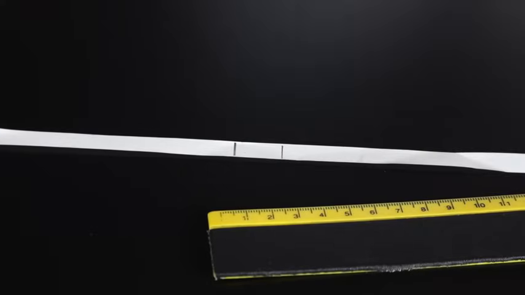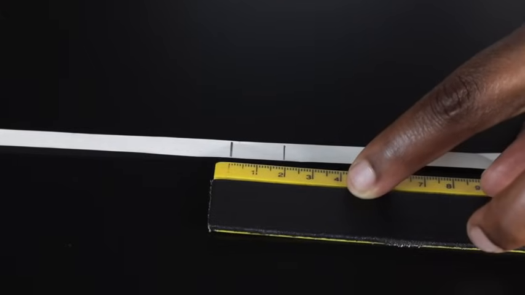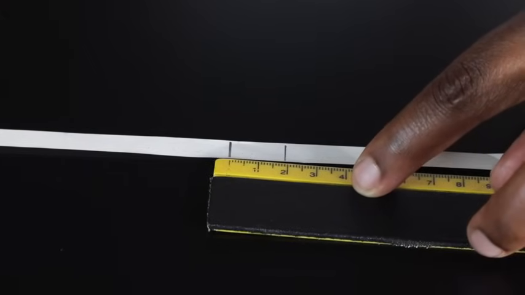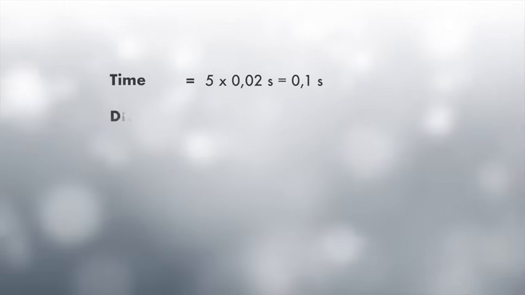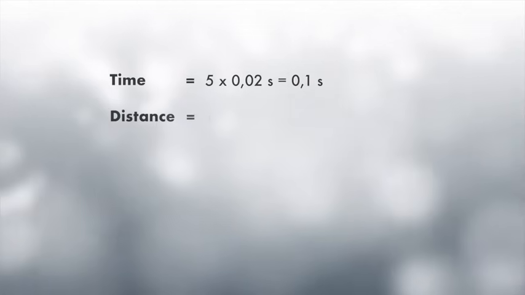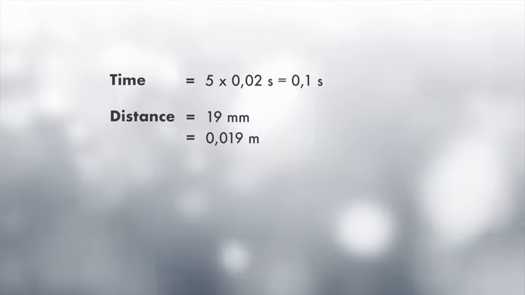We have marked off a section of 5 gaps and measured the distance the tape traveled during these 5 intervals. It traveled 19 millimeters in this time. The time taken is 5 times 0.02 seconds, which gives us 0.1 seconds. Distance traveled equals 19 millimeters, which equals 0.019 meters.